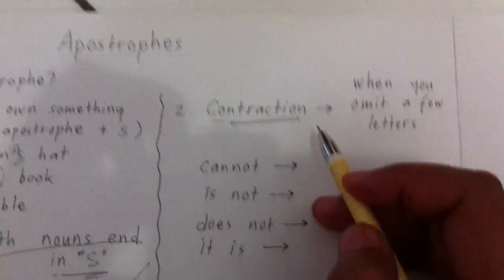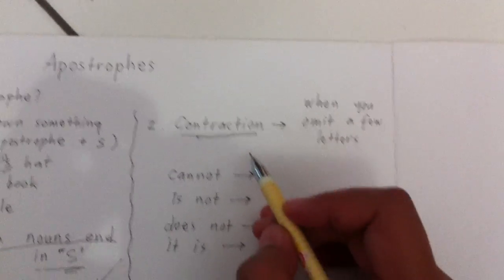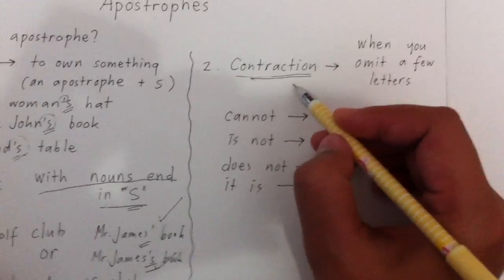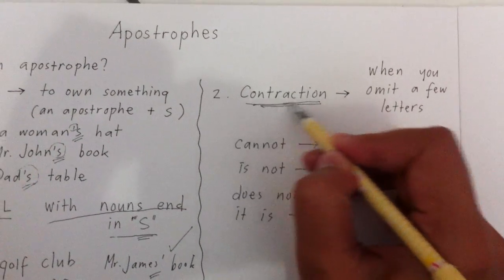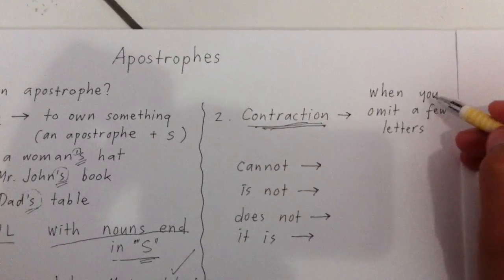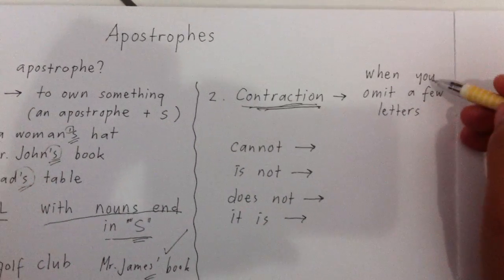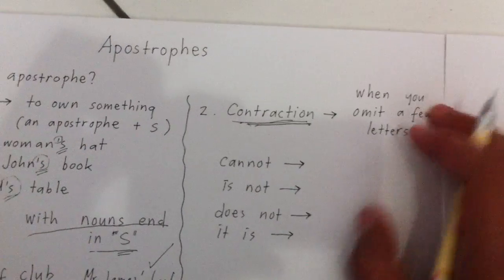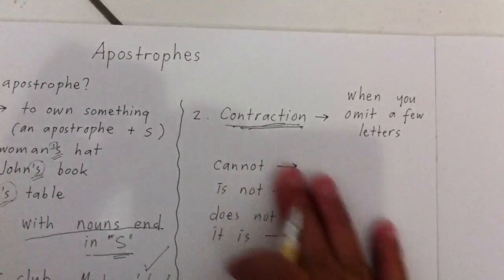Okay, now let's have a look at the second function of apostrophe. An apostrophe can be used in contraction. Contraction is used when you omit a few letters from a phrase.